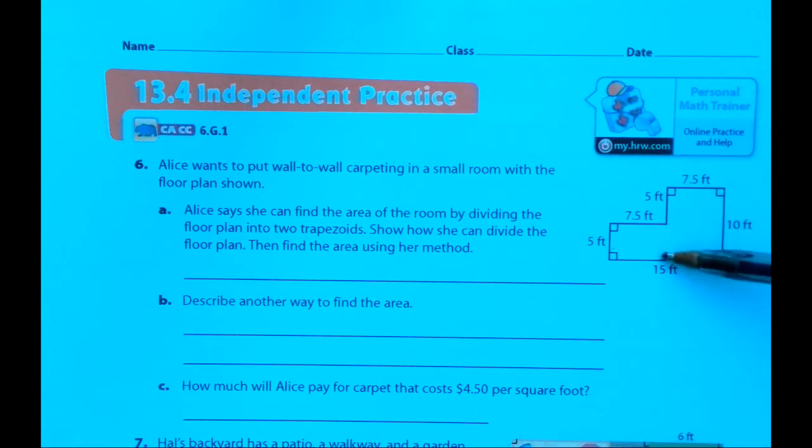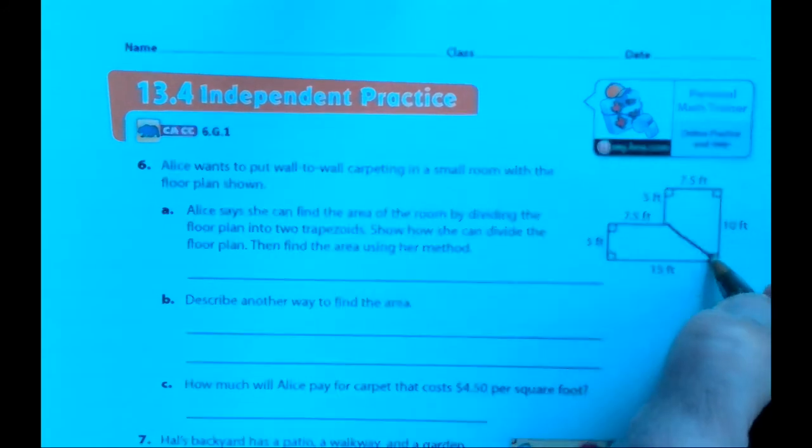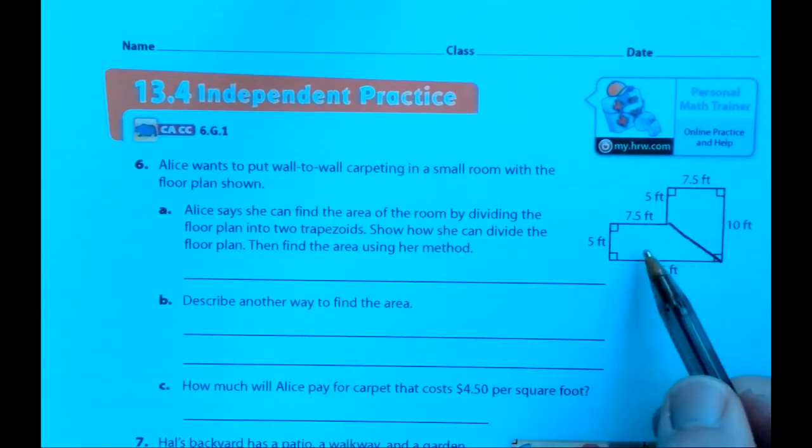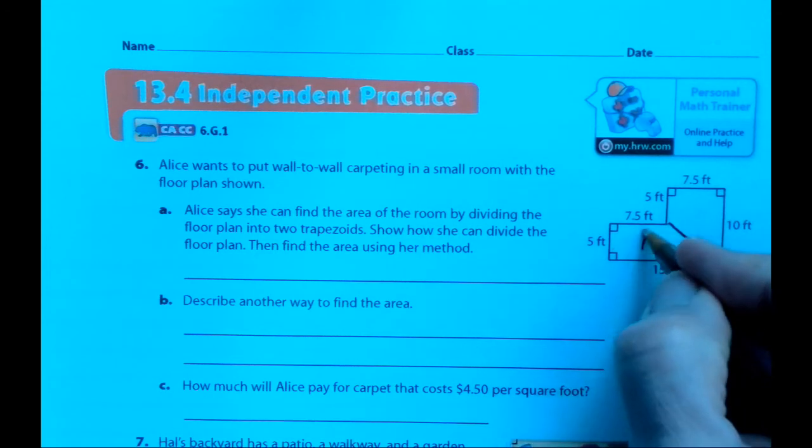So in order for this to be divided into 2 trapezoids, we're going to create this diagonal right here. Now you can see that we have trapezoid number 1 and trapezoid number 2.